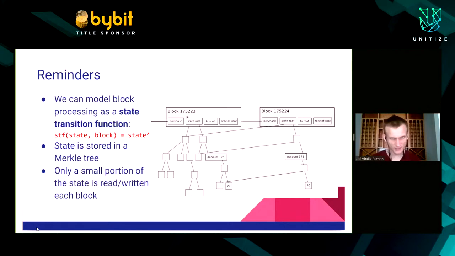So if you have the block header, then the block header contains a hash that gives you all the transactions. It contains a hash that gives you all the receipts. It contains the hash of the previous block, because that's how all blockchains work. And it contains this hash of the state. Only a small portion of the state gets read or written to in every block, right? So every block only makes a small number of modifications. The state is huge.